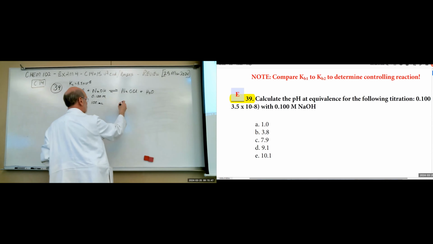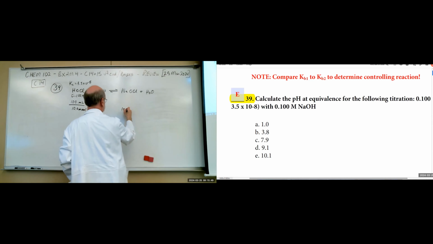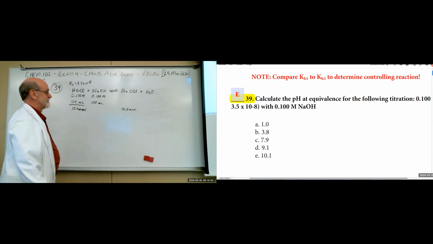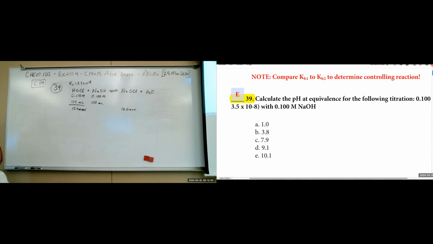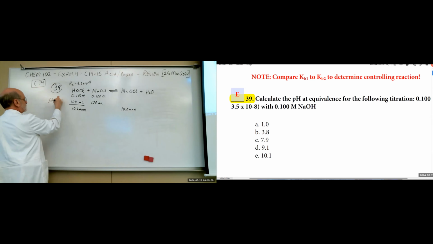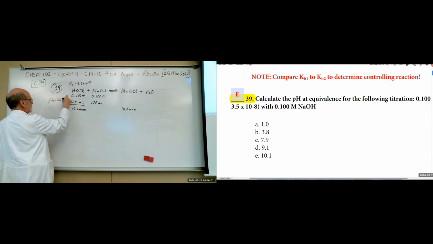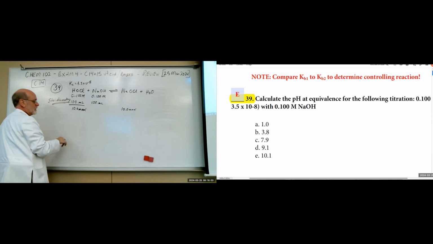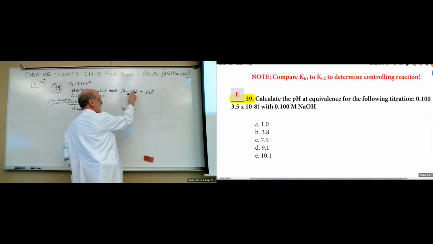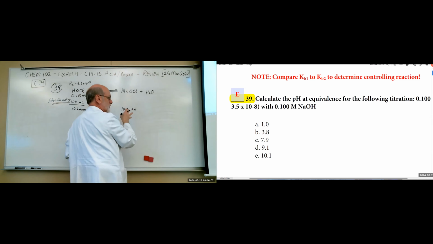So that produces 10 millimoles over here. All right, so that is the stoichiometry. We found out how much hypochlorite is produced at equivalence.